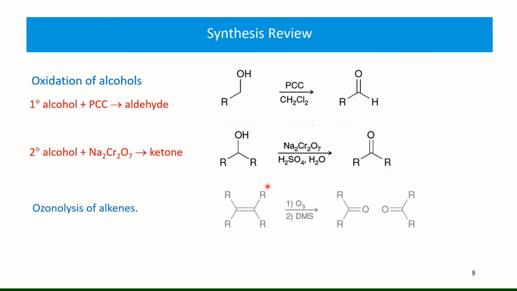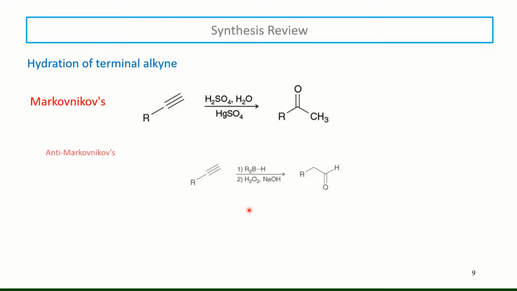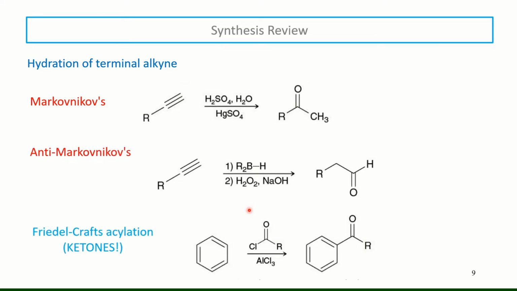And of course you can do cleavage under reductive conditions, and you can see that ketones and aldehydes respectively are generated. You can see here, for example, if we have an alkyne, we can go Markovnikov, we can go anti-Markovnikov. And you remind yourself of the Friedel-Crafts acylation that we did a few chapters ago.